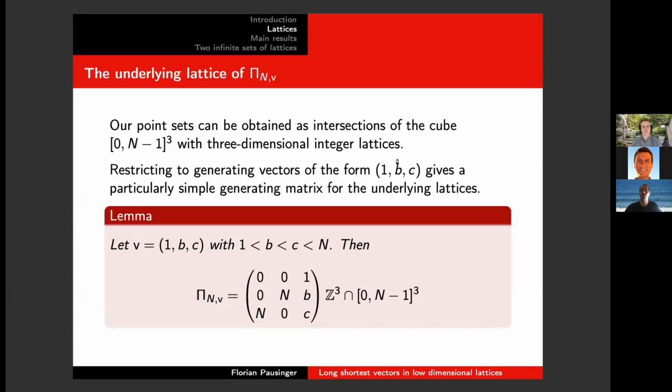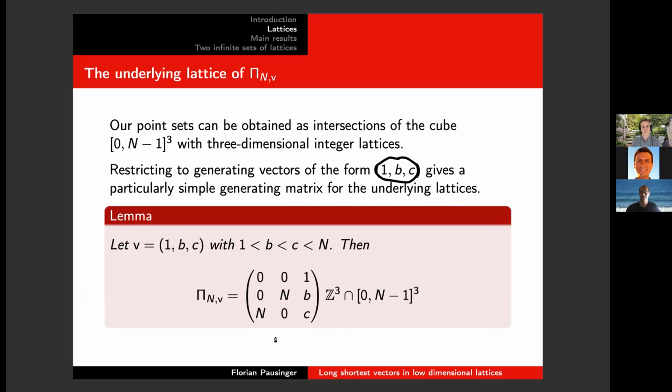And now if we just restrict to this particular form of generating vectors, so I just set the first parameter a equal to 1, which is only a very mild restriction, then we get particularly simple generating matrices for the underlying lattices.